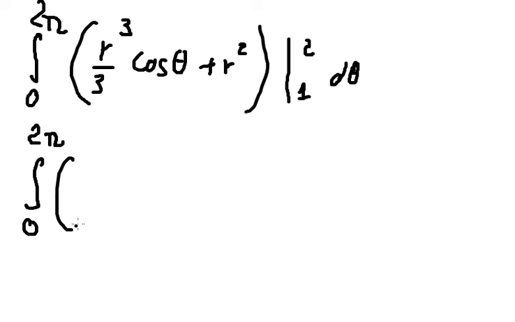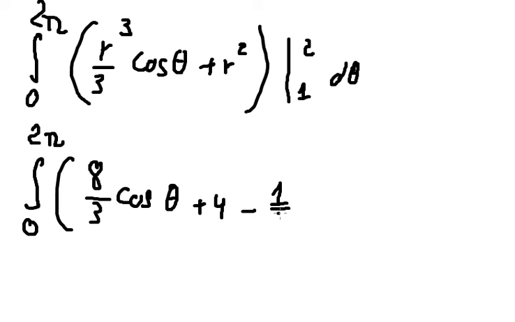So this one, we have 8 over 3 cosine theta. And we have 4 in here, minus, we put 1 go in here, we have 1 over 3 cosine theta. And the next one, we have negative 1.